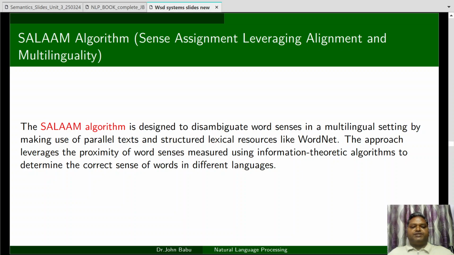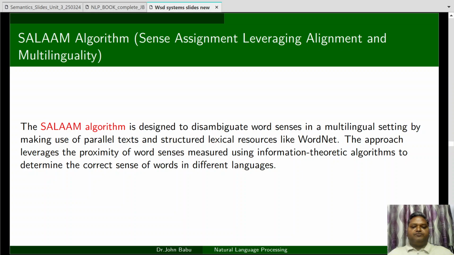The basic technique here is we can convert those words into another language, and the ambiguity may be resolved in that second language, and we can propagate that sense into the first language.